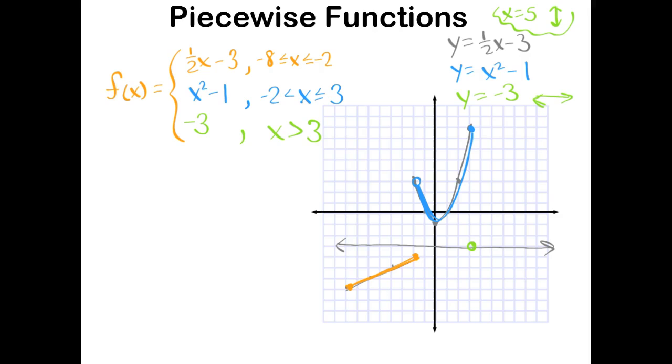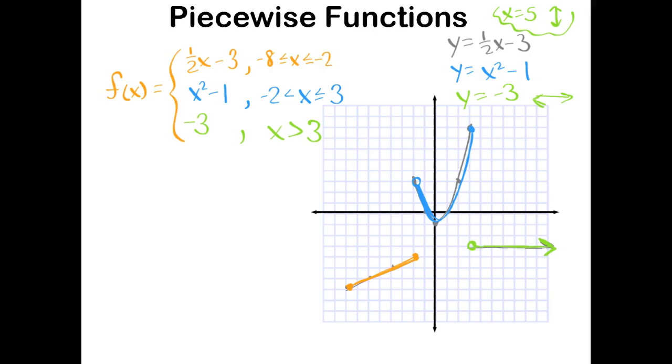So I'm going to keep my arrow right here, but I'm going to erase everything to the left of that. Make a smaller one here. There we go. So this is what the piecewise function looks like.